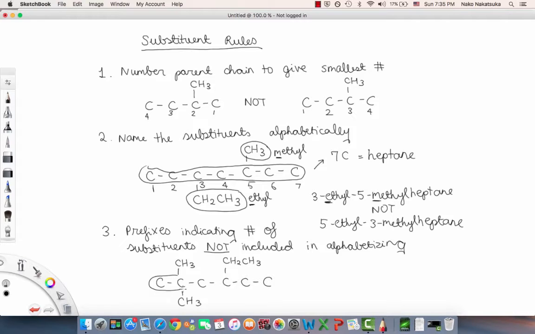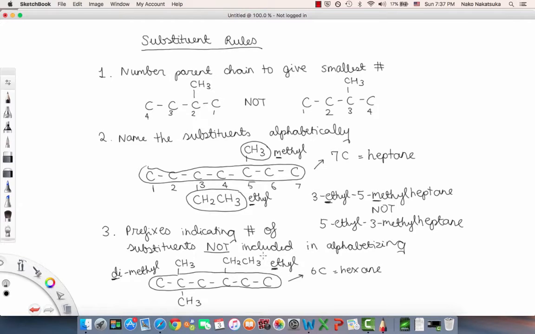So this guy is clearly the parent chain, right? So the parent chain has 6 carbons, so it's going to be hexane. But the fact that the prefixes indicating the number of substituents are not included in the alphabetizing makes me think that the ethyl is going to come before the dimethyl, because the di that comes before the dimethyl, since we have 2 methyl groups on this central carbon, the D comes before the ethyl group's E, but it's not included in the alphabetizing, so ethyl is still going to come first.